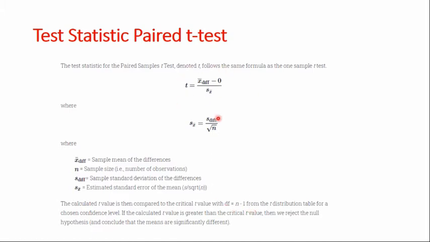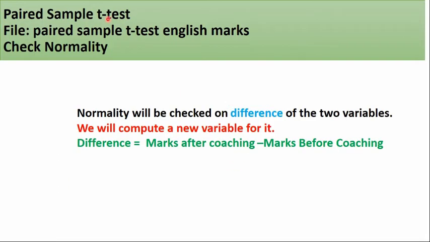This calculated value will be compared with the table value. To check the table value, we should know level of significance and degree of freedom. Level of significance is fixed in advance. What is level of significance and what is degree of freedom? Friends, if you would like to know the meaning in detail of these words, please check my video Hypothesis Testing on my channel.